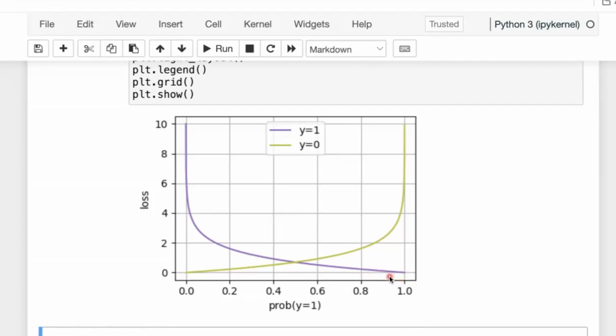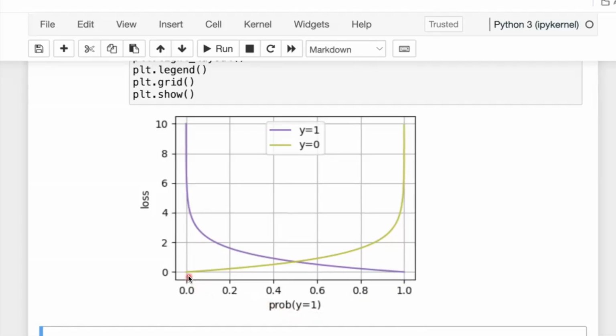However, you can see that as we get this probability closer and closer to 0, meaning that I'm moving to the left here, then the price to pay is increasing exponentially. In the extreme case, even though the data point belongs to class 1, if I find that the probability that it belongs to class 1 is very close to 0, this is a really bad mistake.